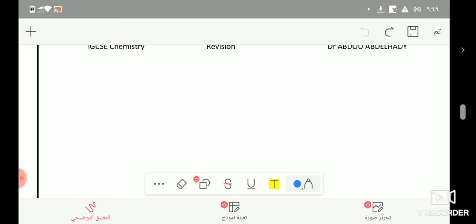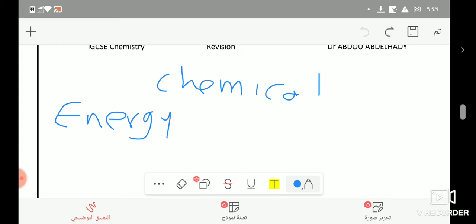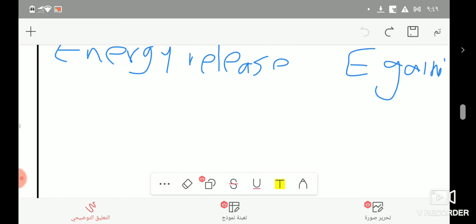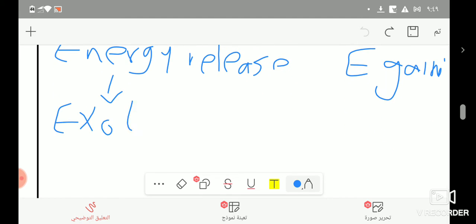What I want to say now is that during the chemical reaction we have two processes: one at which energy is released, and one at which energy is gained. The process at which energy is released is called exothermic. The term thermic means temperature, means energy.